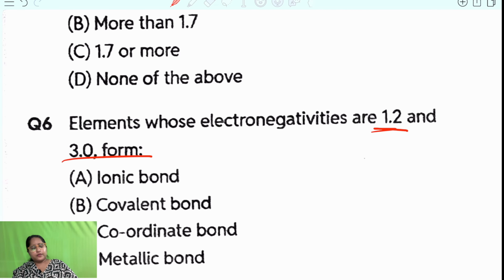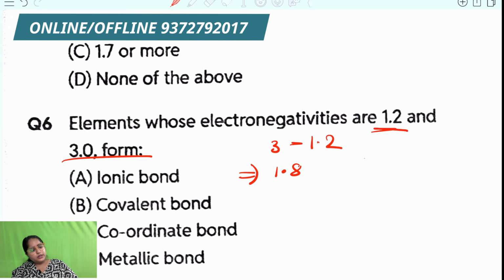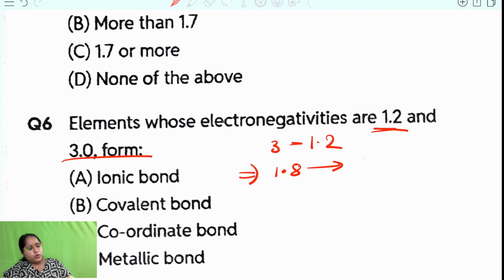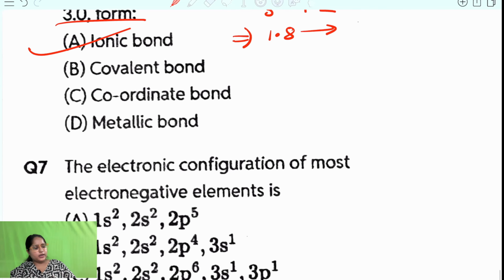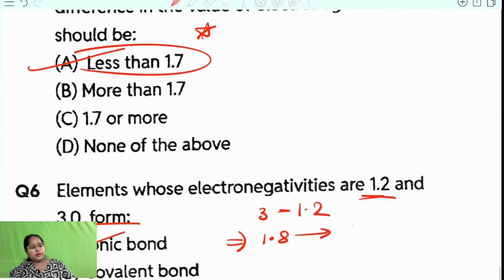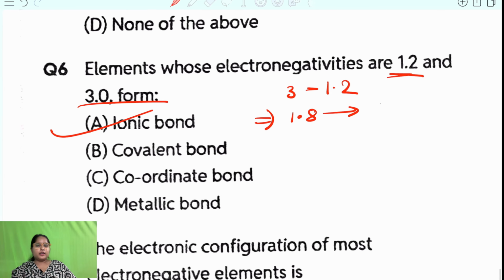So we will take the difference, 3 minus 1.2, it will become 1.8. So 1.8 is more than 1.7, meaning they will form an ionic bond, not covalent. Less than 1.7 covalent, more than 1.7 ionic bond.